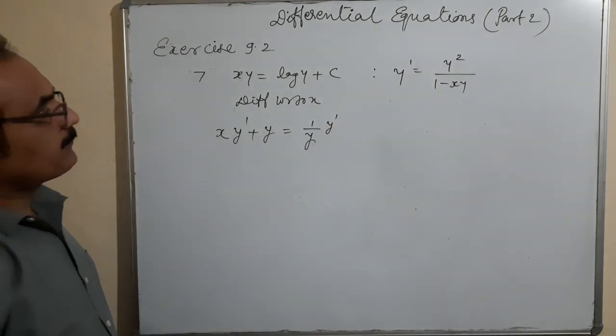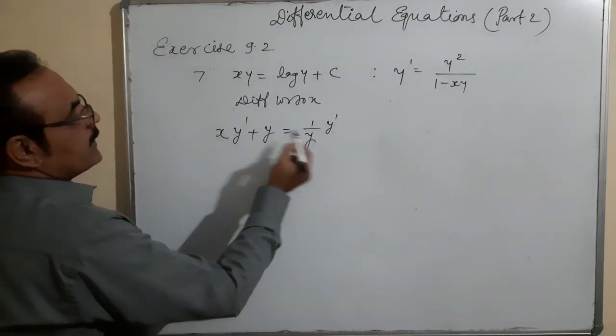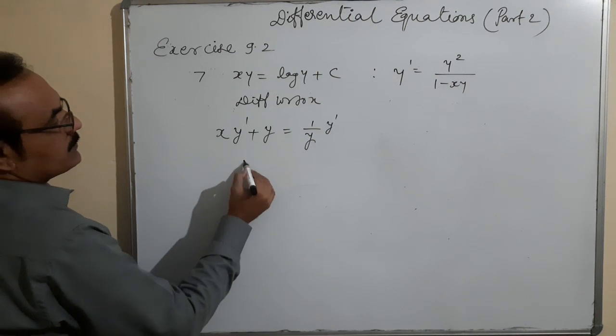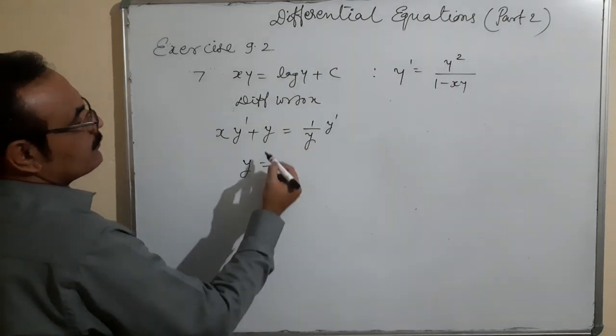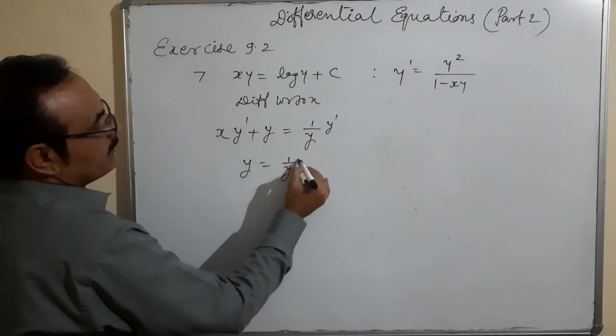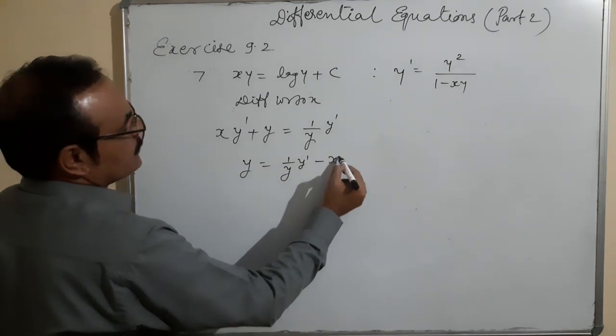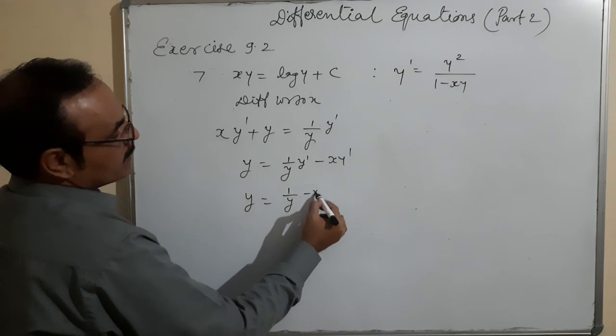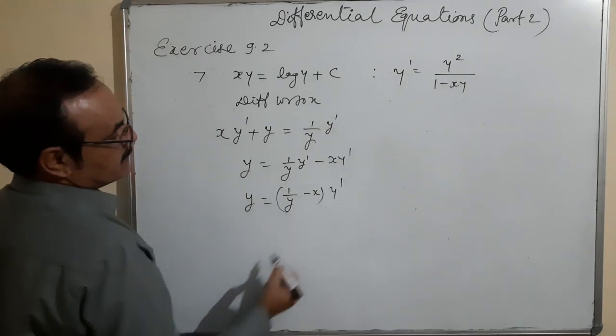Is that okay? Y dash, we are finding the value of y dash. So y dash will be, shifting on one side, y is equal to 1 upon y into y dash minus x y dash. So y is equal to 1 upon y minus x, it is y dash.